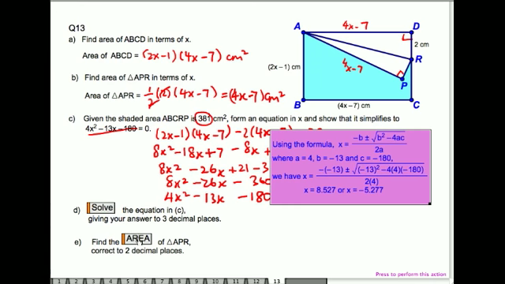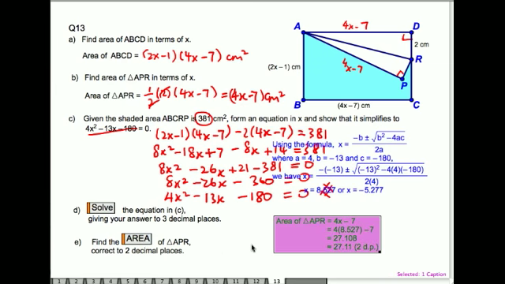Next, we need to find the area of the triangle. We know that the area of triangle APR is 4x minus 7.